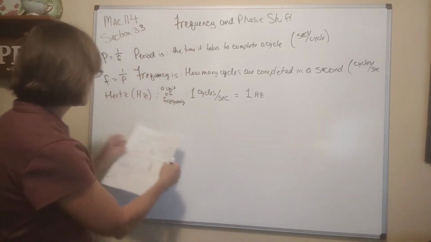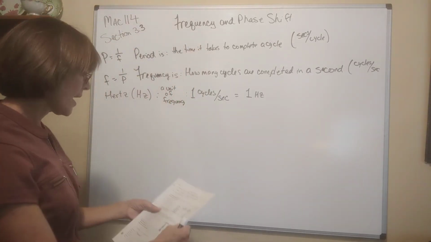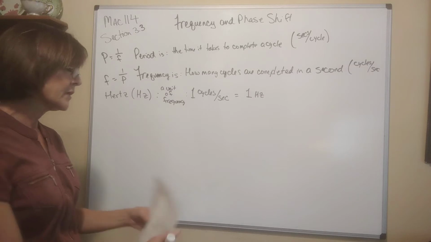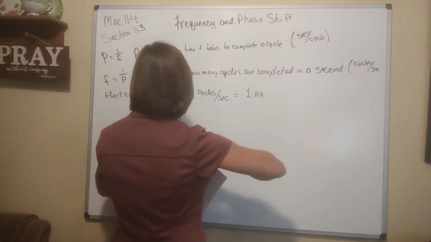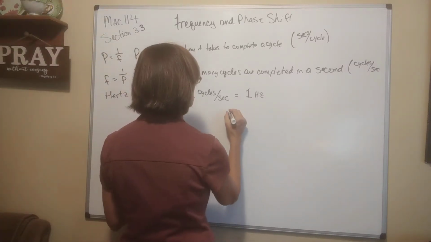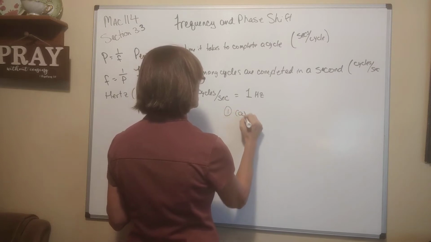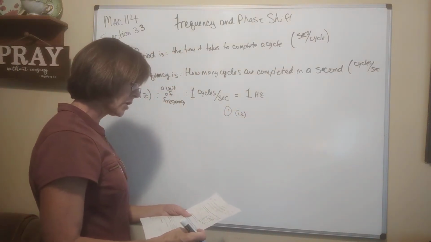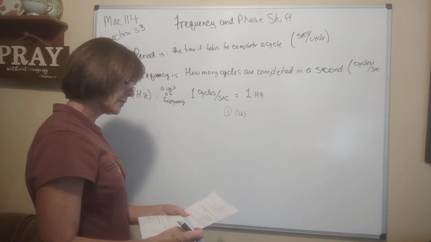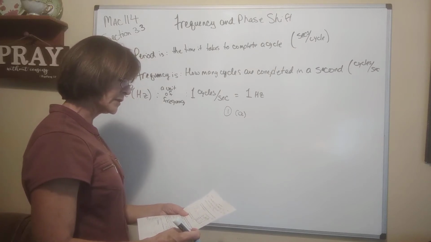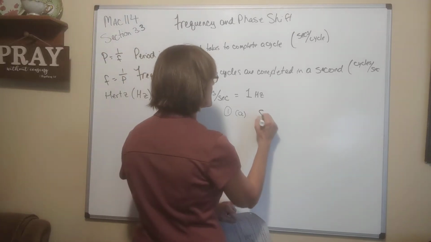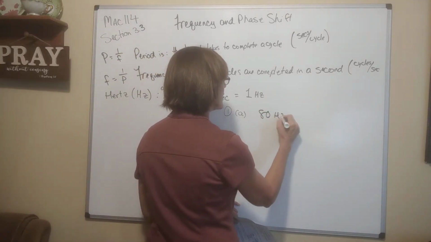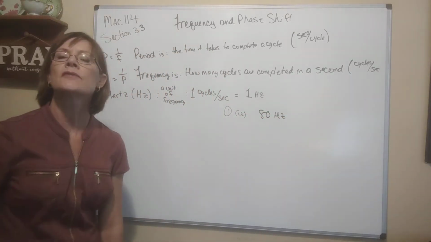For number 1, part A, it says the lowest frequency of male speech. We read the chart and see that for male speech, the lowest frequency is 80 hertz. What are we supposed to find? We're supposed to find the period.